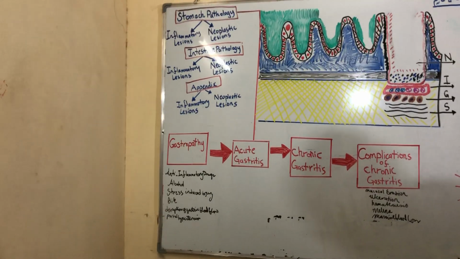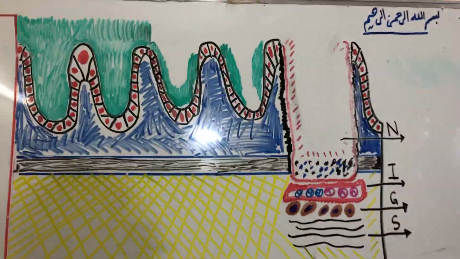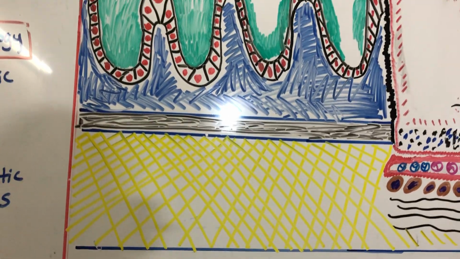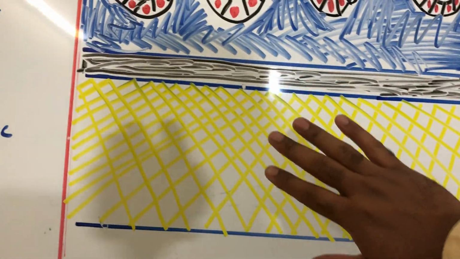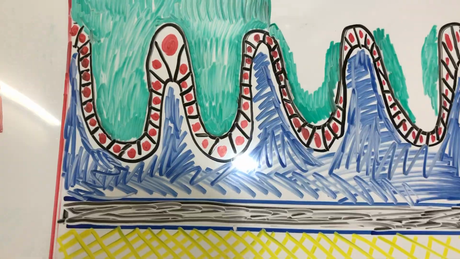I'm sorry, no marker for today, no pointer for today. So this is the submucosa, this yellow band, and then you have the muscularis mucosa. This is not important for now. What's important is up here.